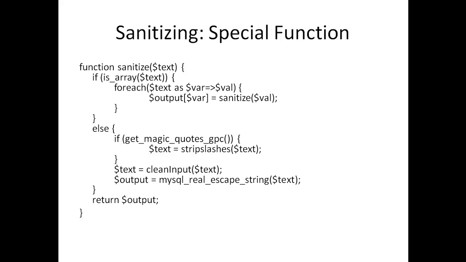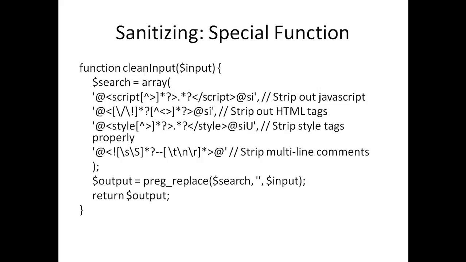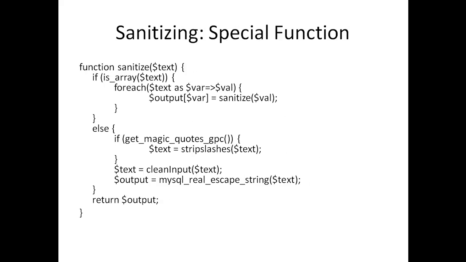The sanitize function then says, okay, if it's not an array, and magic quotes is turned on, then strip slashes. Otherwise, call the clean input function here with the text and output the MySQL real escape string.